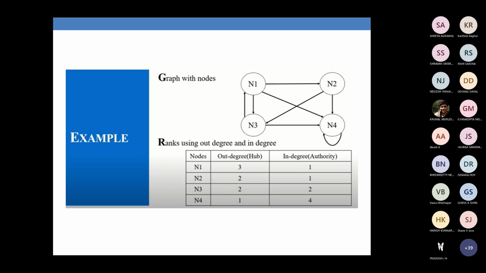The second step is you have to list out the in degree and out degree of each node. For N1, how many in degrees are there? Only 1 in degree, so it is 1. What is the out degree for N1? We are going to see hub and authority.